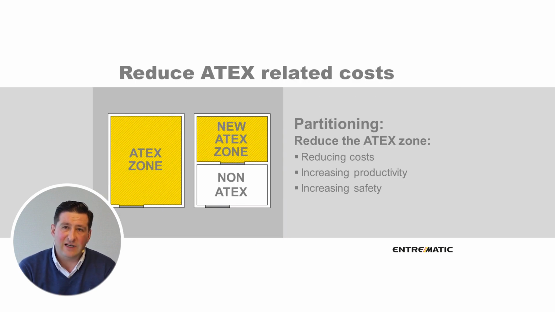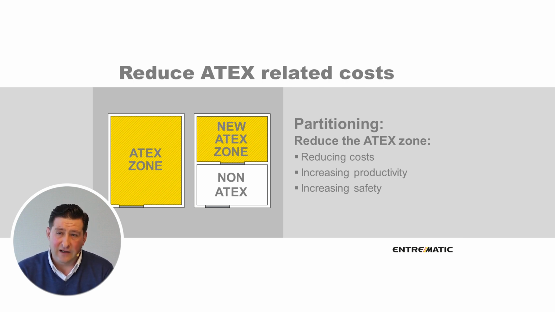You see at the left side here an ATEX zone. For example, this is now 1,000 square meters. When using a certified ATEX door, in this situation you can reduce your ATEX zone, for example, from 1,000 square meters to 500 square meters, which has a big impact on reducing your costs in electricity and electronic equipment needed in the ATEX zone.